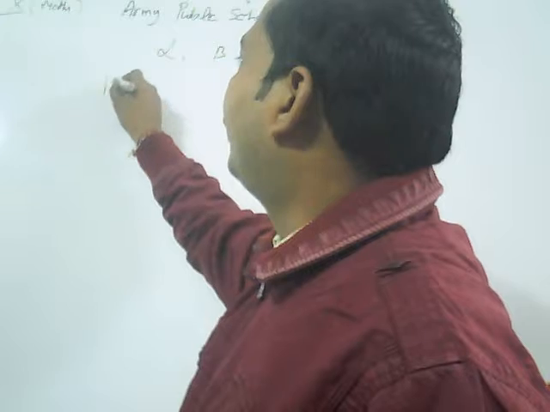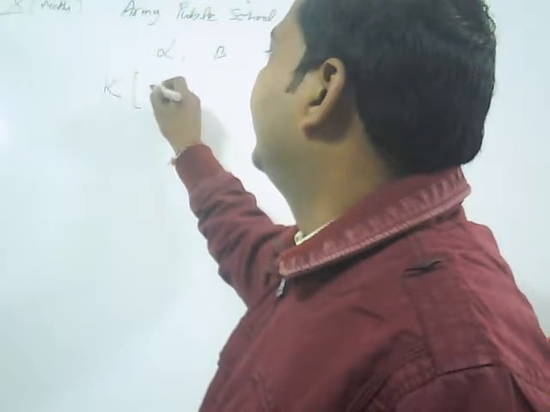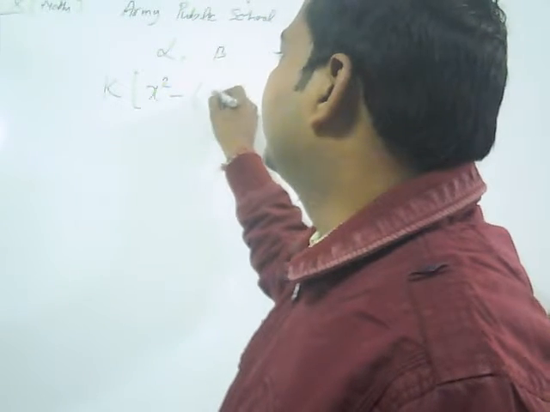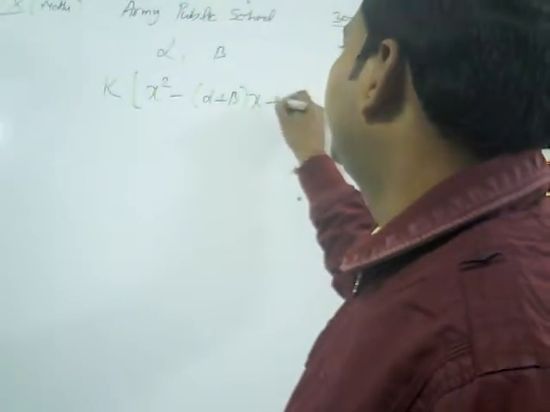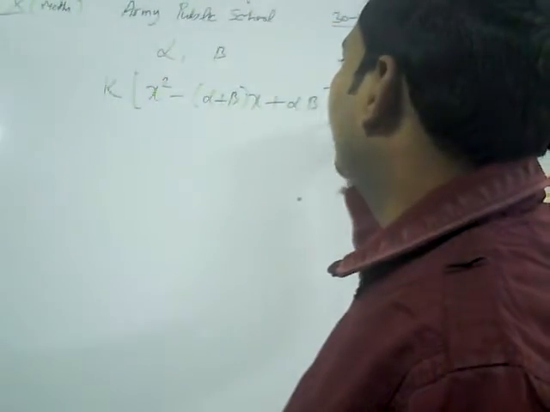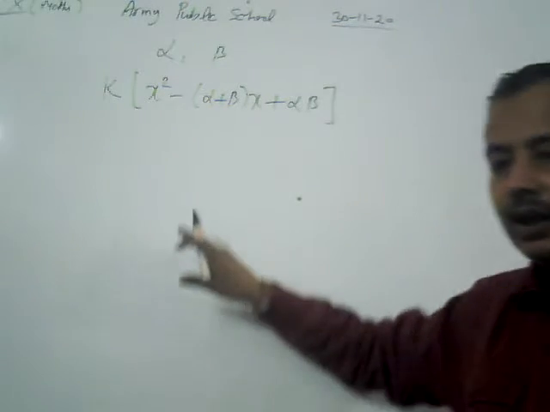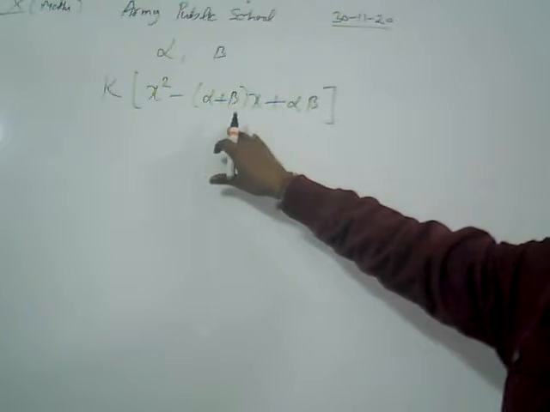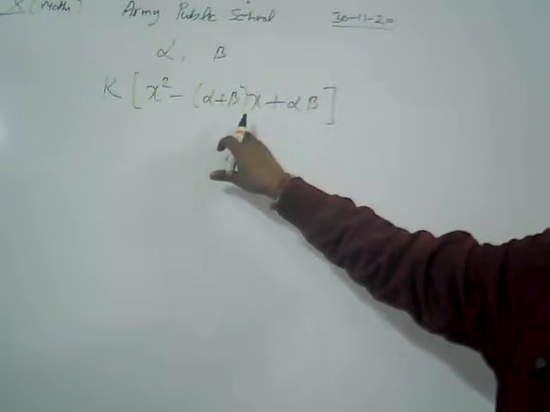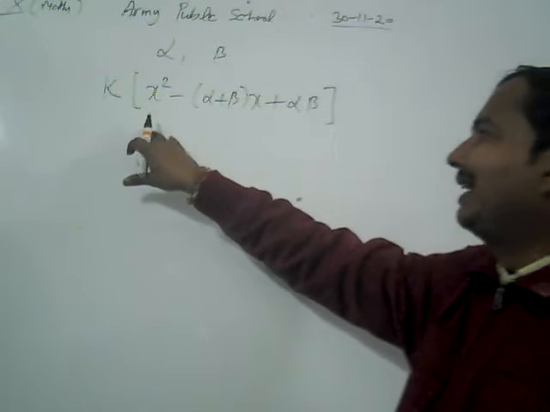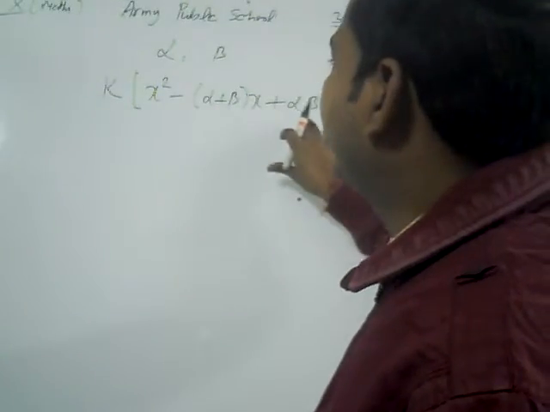Then we form the quadratic polynomial as k x square minus (alpha plus beta) into x plus alpha beta. Whenever we have given two zeros of a polynomial alpha and beta, to form a quadratic polynomial we use k times x square minus (alpha plus beta) into x plus alpha beta.